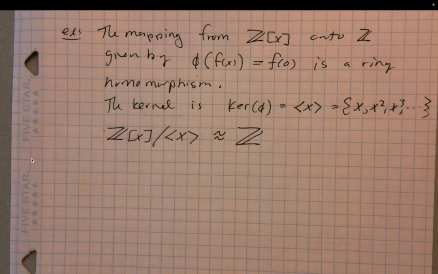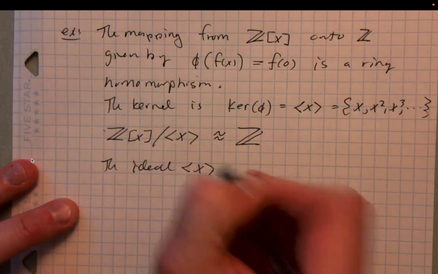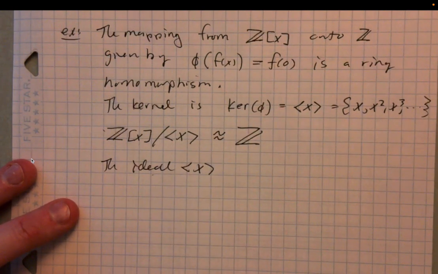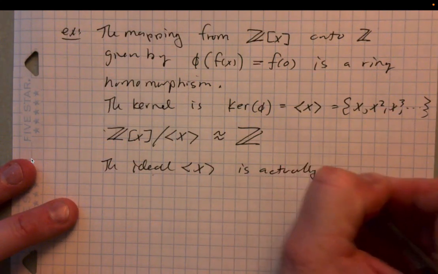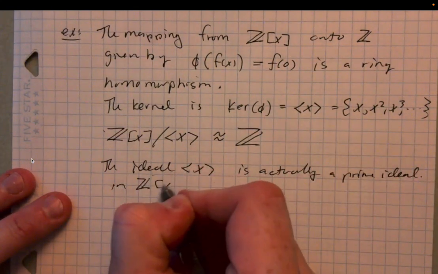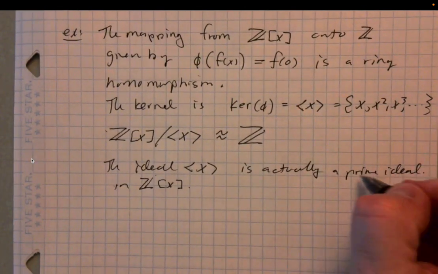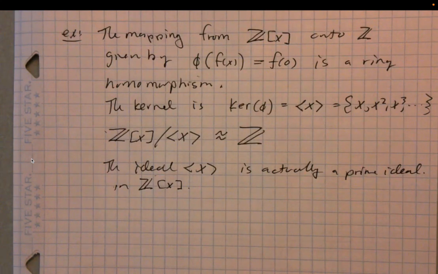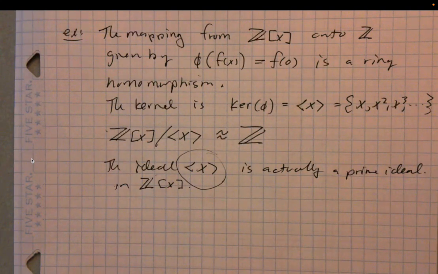So what we actually know instead is that the ideal (x), this set here, is actually a prime ideal in Z[x]. You have to go back and take a second and think that through, make sure that makes sense. Remind yourself of what a prime ideal is and confirm that this is actually a prime ideal. It has to do with the fact that the integers are an integral domain, but not a field.